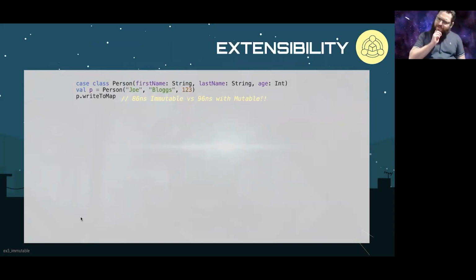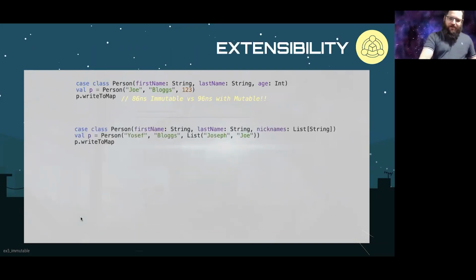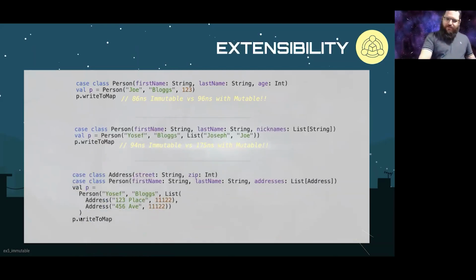Wait a minute. Does it perform better than the mutable one? Let's take a look. Okay, here's the nicknames list thing. Performs better than, what was it, 175 nanos? Look at this one with a recursive hierarchy, right? 89 over 347, which is what we had with immutable.